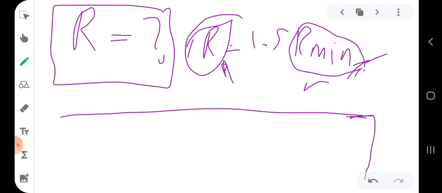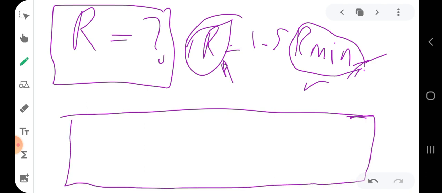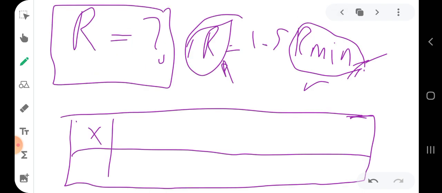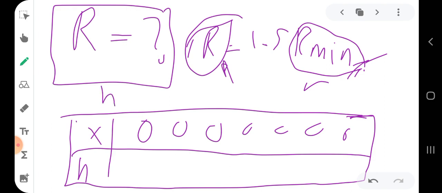Data for the liquid phase, and data for the vapor phase, which is Y. And for the liquid phase, for different values of X, we need to have corresponding values of the enthalpy, and we are going to call it H. So when we say H, this refers to the enthalpy.